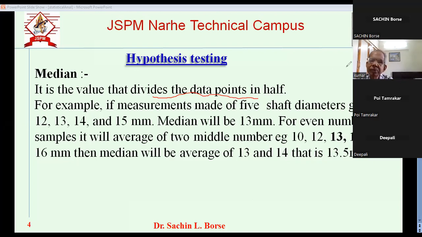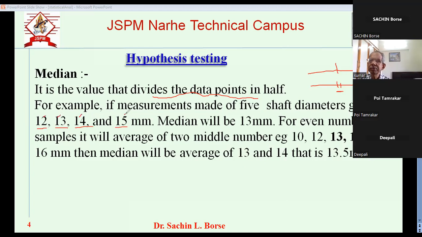For an odd number of readings, it will be the middle number. For an even number, we have to pick the two middle numbers and then take the average of those two. Okay, so I will give an example here. There are the numbers 10, 12, 13, 14, 15. How many numbers are there? 1, 2, 3, 4, and 5.